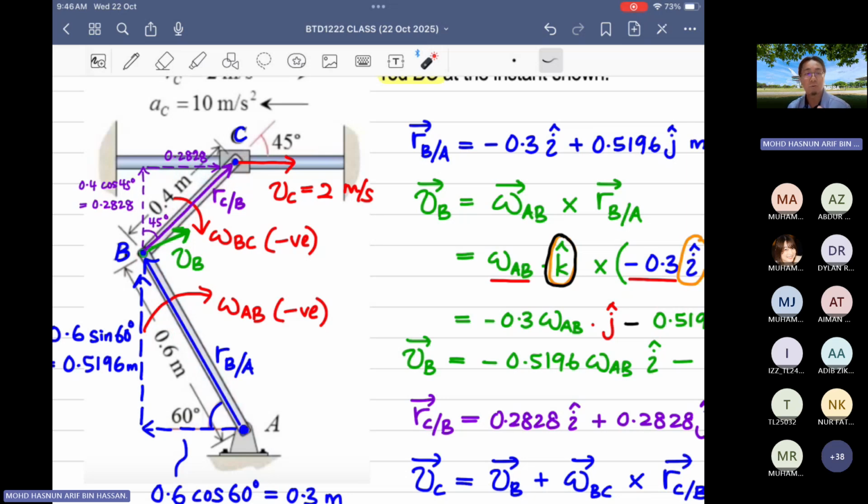Point does not have omega. Point belongs to the body, the rigid body. The rigid body is AB. In the rigid body AB, you have 2 points, which is point A and also point B. So points have velocity and the body has angular velocity. So that is the difference.